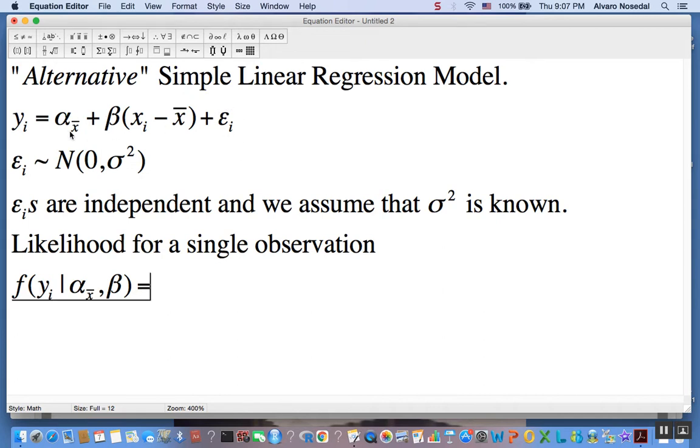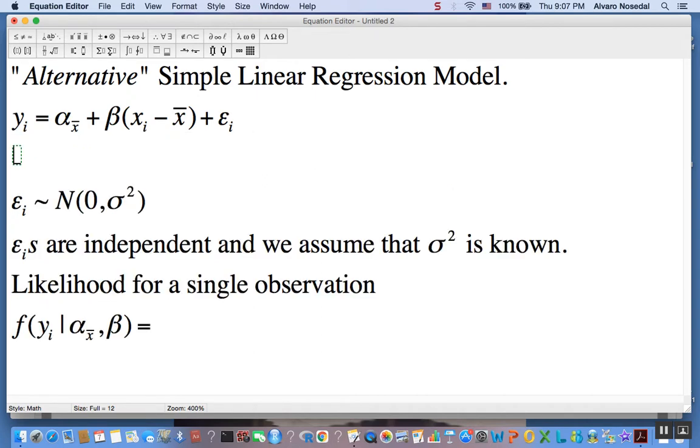Make sense? So the yi's have a normal distribution. This is going to be the mean, and the variance is going to be the variance of the epsilon i, sigma squared.